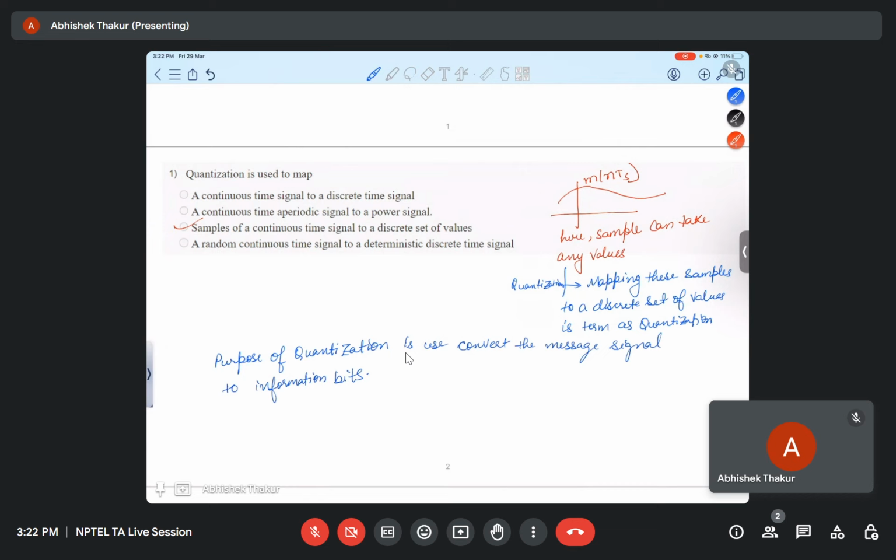After this, the information bits can be transmitted or stored over the digital communication channel.